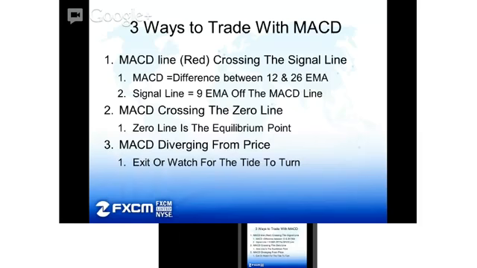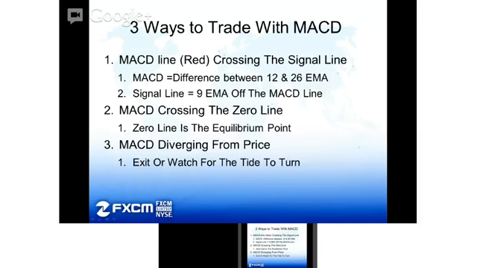So first way, the most common way, is to trade when the MACD line, which is the red line we just saw, crosses the signal line. Again, that's the two lines we're looking at there are the ones we were talking about. I'm not sure if you can see my arrow very well, but that's what we're looking at.